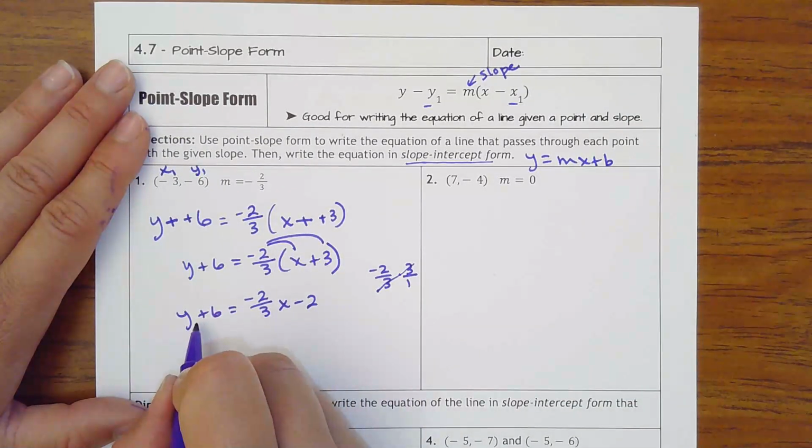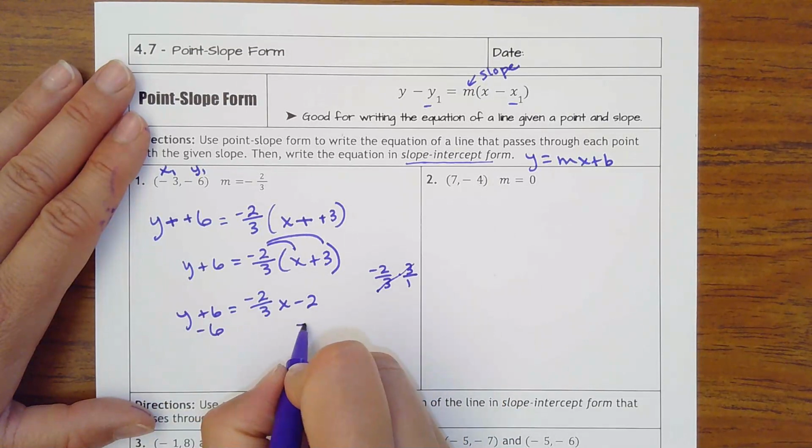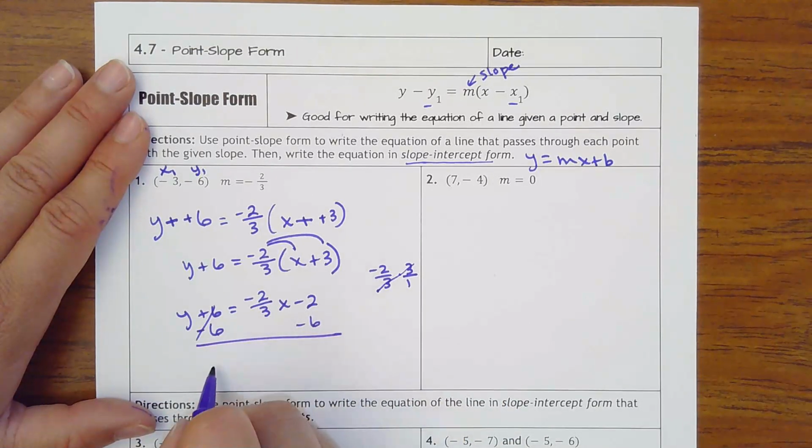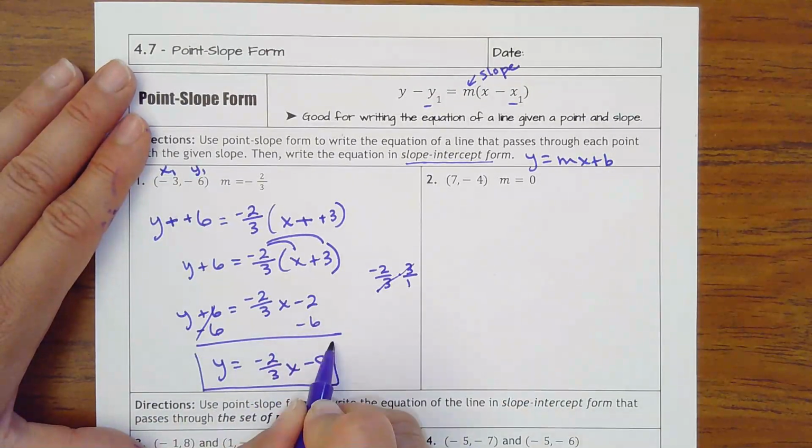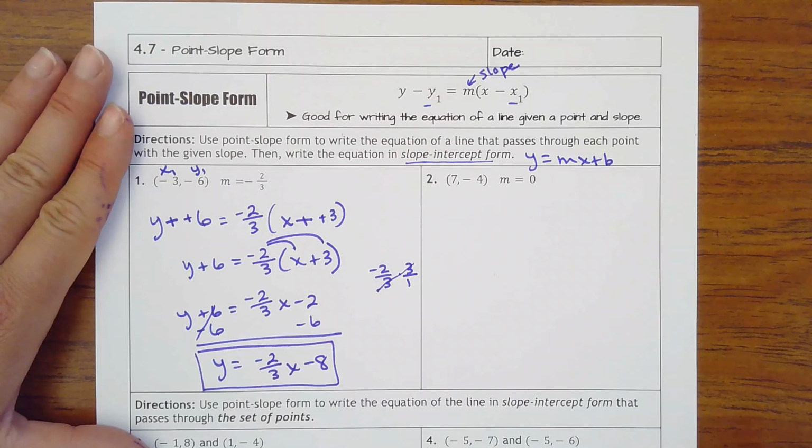And then all I'd have to do to get y by itself is subtract the 6. So I get y equals negative 2/3 x minus 8. And that would be in y equals mx plus b. This tells me slope, that tells me y-intercept.